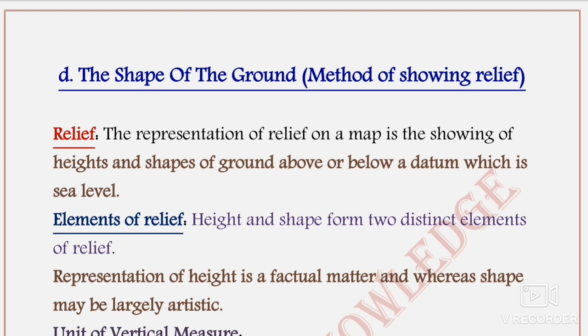The representation of relief on a map shows the heights as well as the shapes of the ground. Relief means the height and the shapes of the ground above or below a datum, which is the sea level. Datum means the place from where the heights are measured, and generally the datum is sea level.